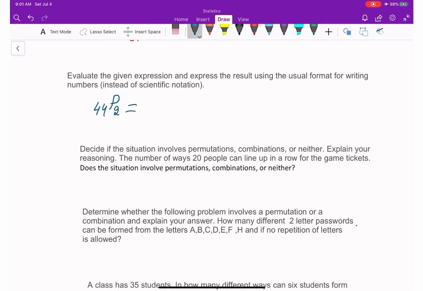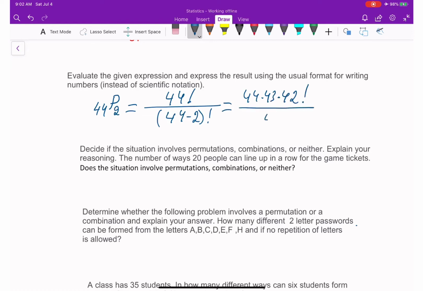So that means 44 factorial, open the formula, I explained when I was doing homework, over 44 minus 2 factorial, and that's equal to 44 times 43 times 42 factorial over 42 factorial. 42 and 42 are gone, and you get 44 times 43, which will be 1892.